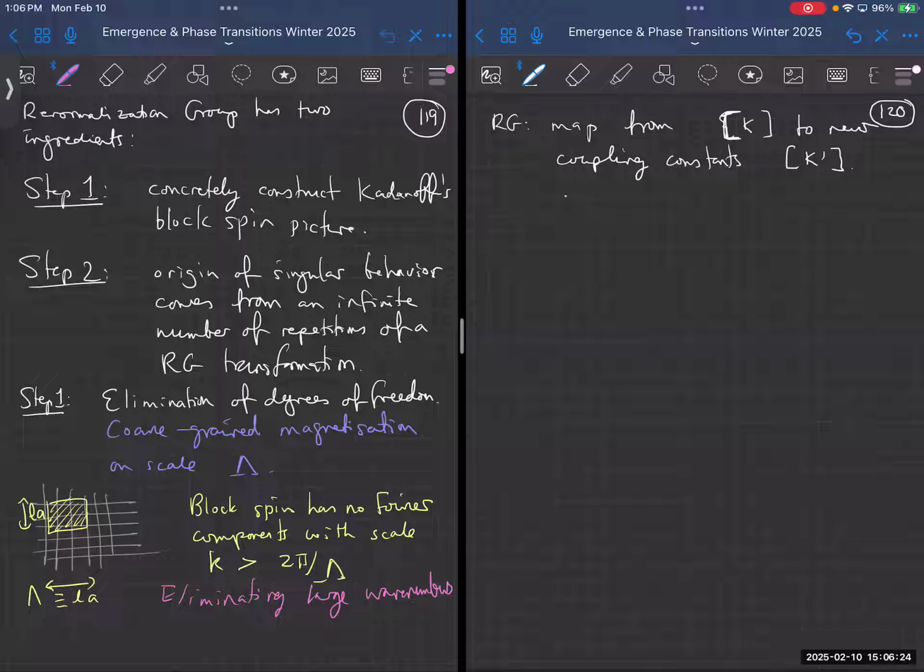I'm just going to write this in a very formal way. All my coupling constants, which I can think of as one big vector, are just some non-linear transformation of what they were on the previous step.